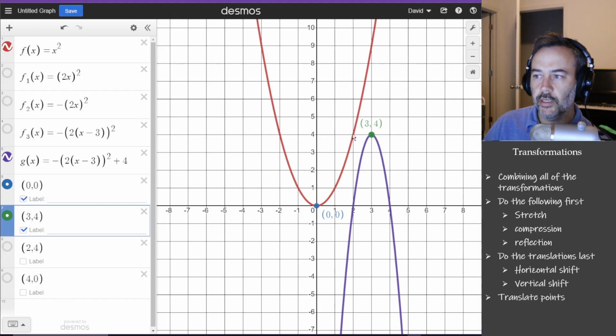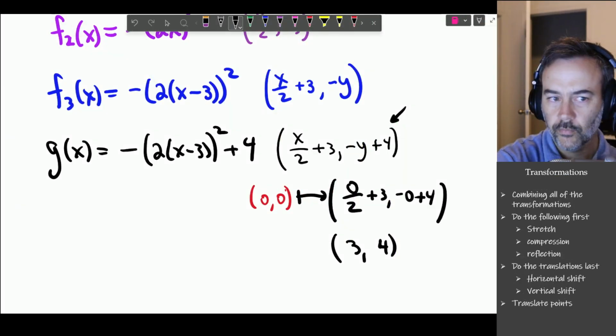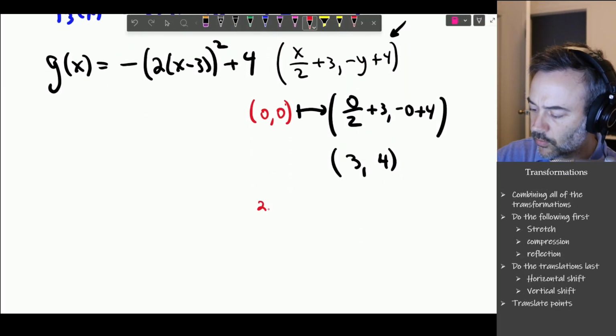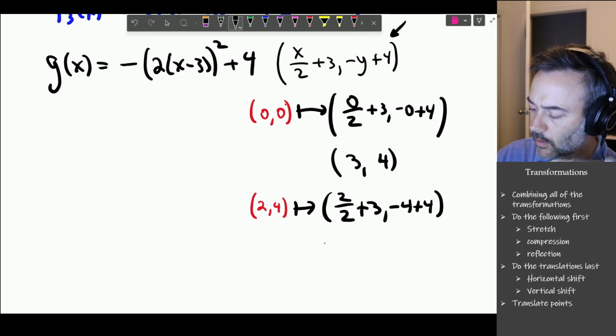And what about this point 2, 4? 2, 4 here becomes 2 over 2 plus 3, comma, negative 4 plus 4, or 1 plus 3 is 4, comma, 0.